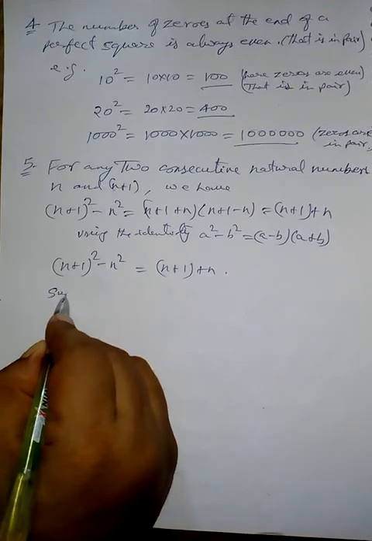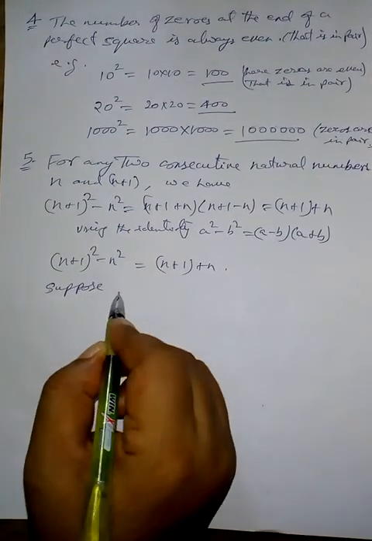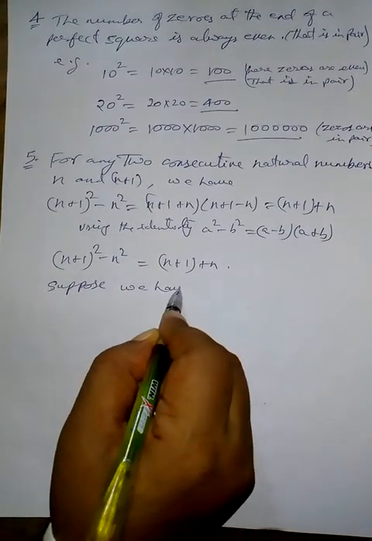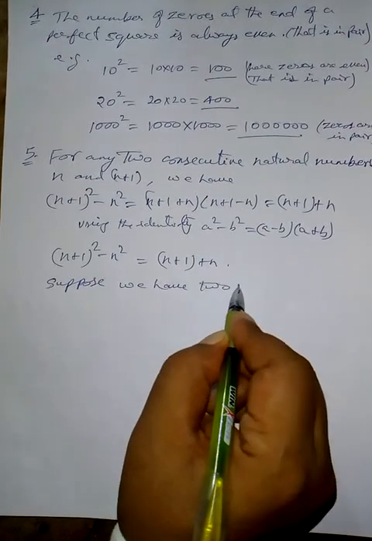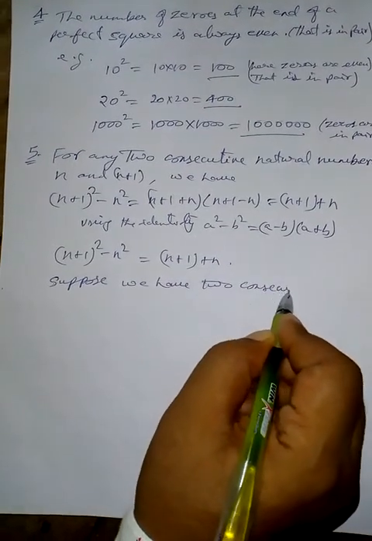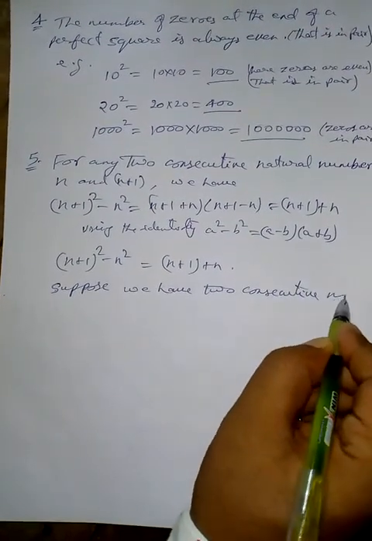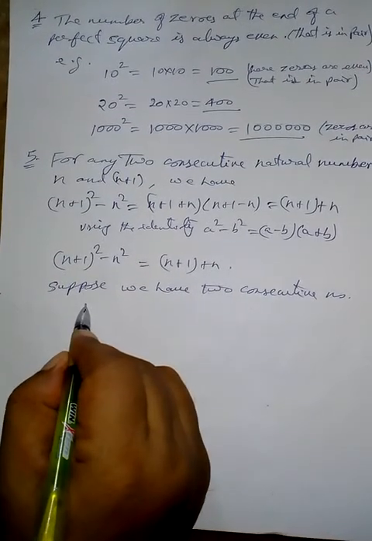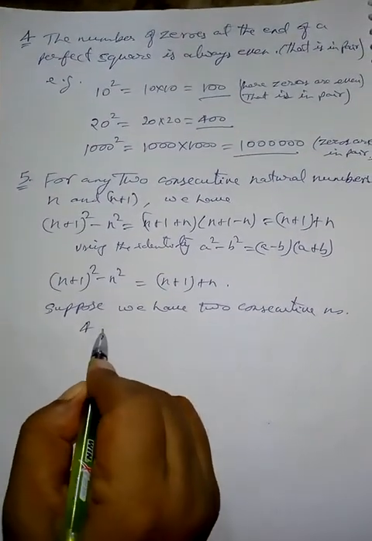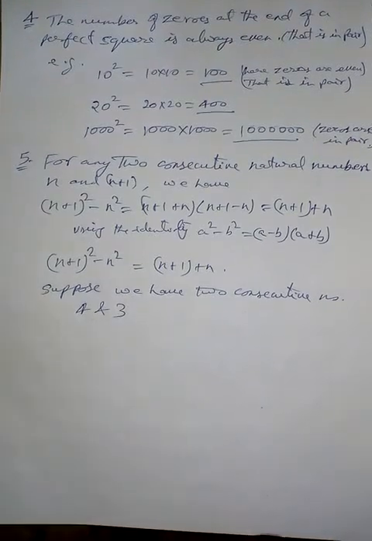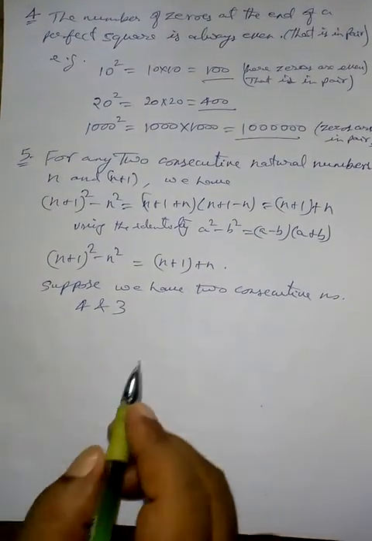Suppose we have two consecutive numbers, 4 and 3. These are the consecutive numbers.